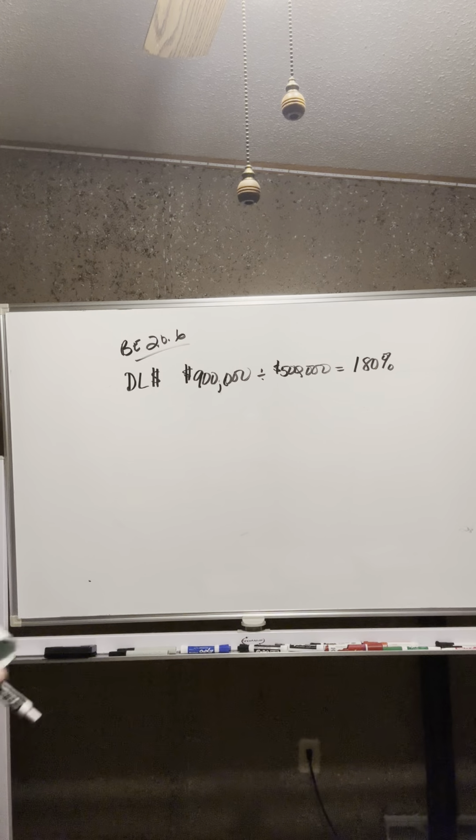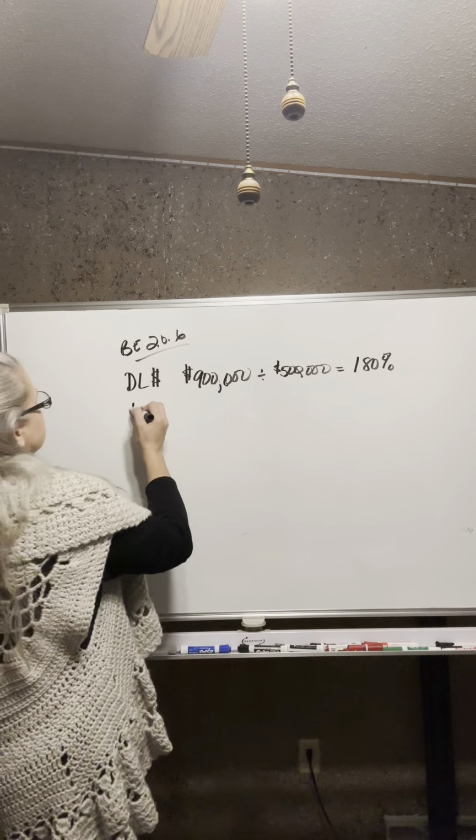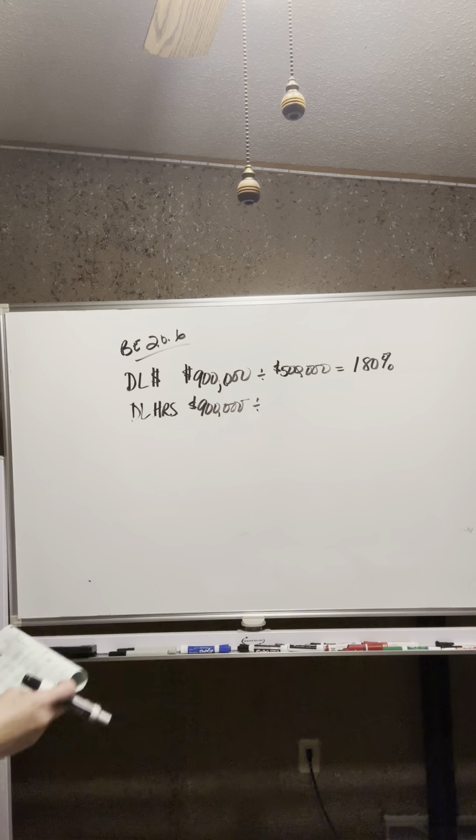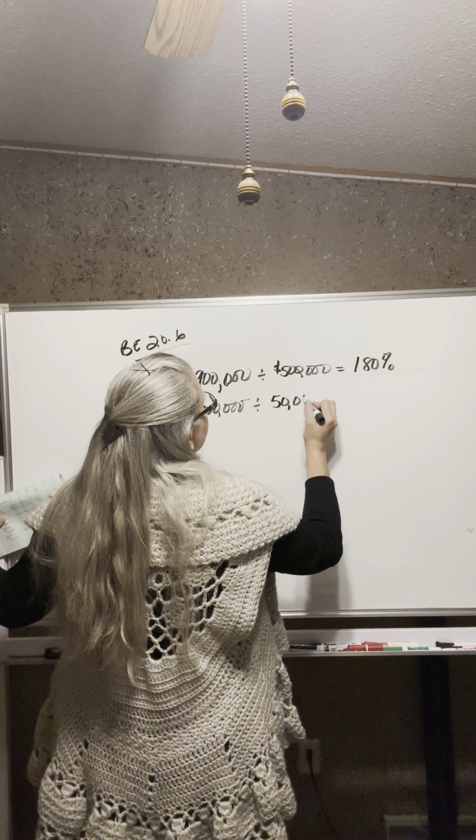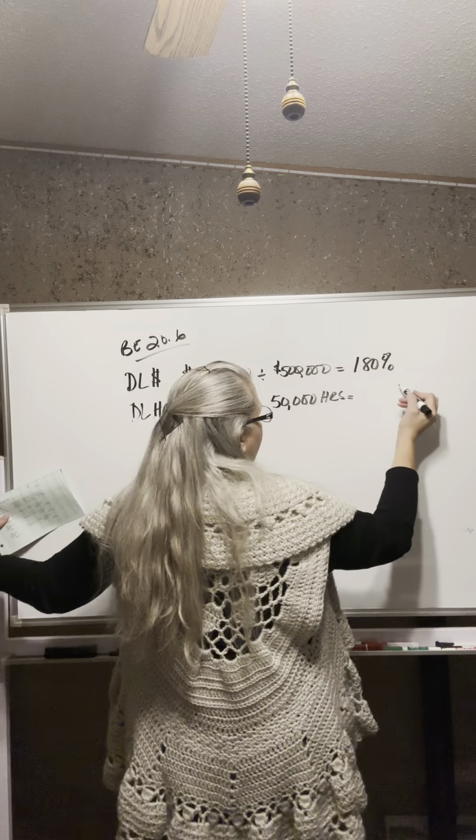Direct labor hours. Same thing, you're going to start with the 900,000, but taking a look at how many direct labor hours were worked. In this case, we have 50,000 hours. You have a dollar amount over an hour, so you have a dollar amount per hour.